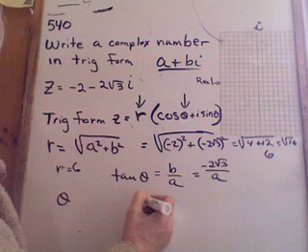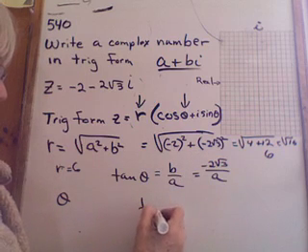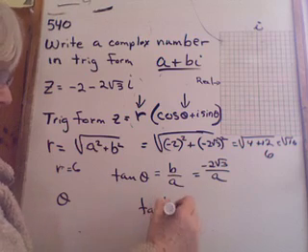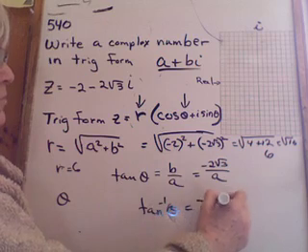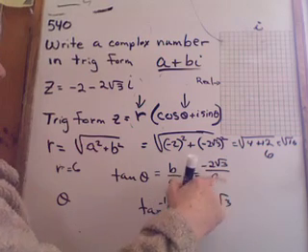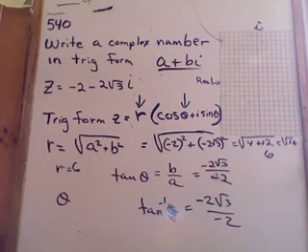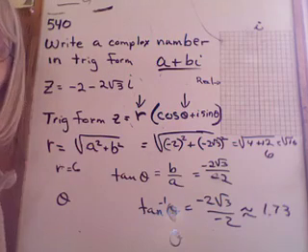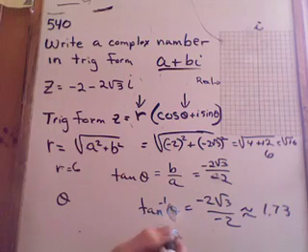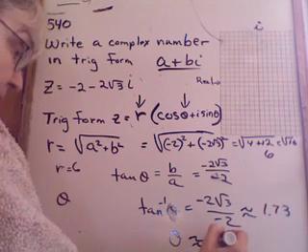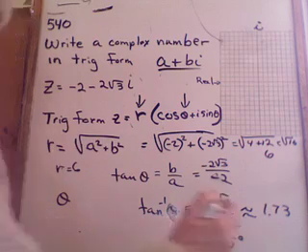And then I do tan inverse of negative 2 root 3 over negative 2. And use your calculator to figure that out. You can just plug that into your calculator and you get theta equals approximately 74.5 degrees.